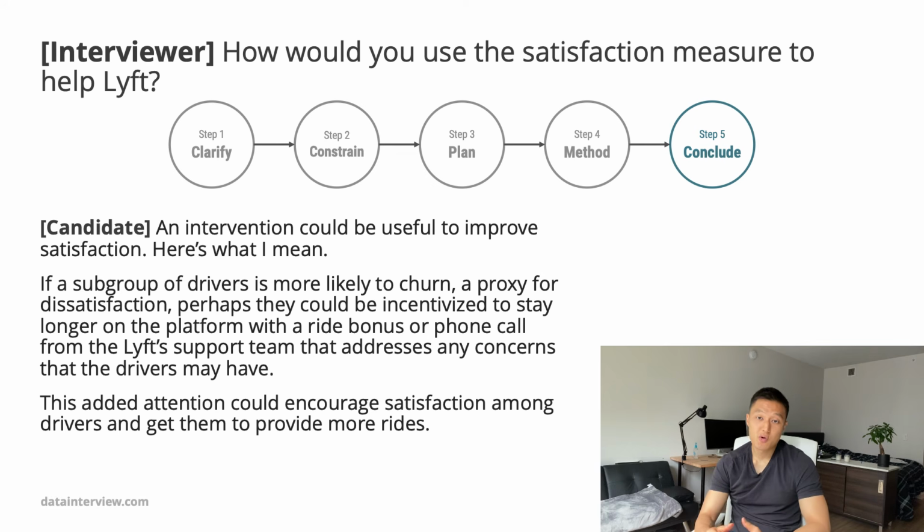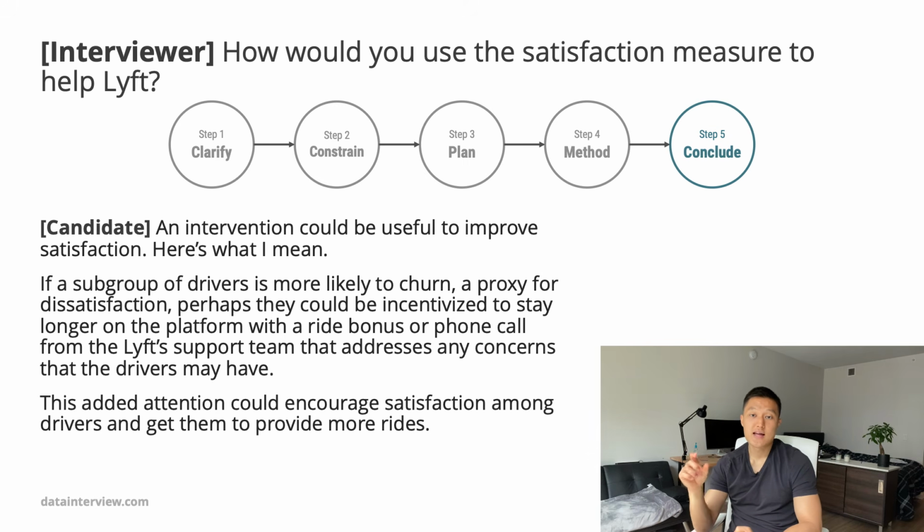So here's an example where the candidate understands that you're not just measuring satisfaction for the sake of measuring. There's a purpose behind this. In this case, you want to improve the satisfaction among drivers. And how you can do this is first of all identifying types of behaviors that a driver might display if they're dissatisfied, or have low satisfaction. In this case, the behavior is going to be churn.